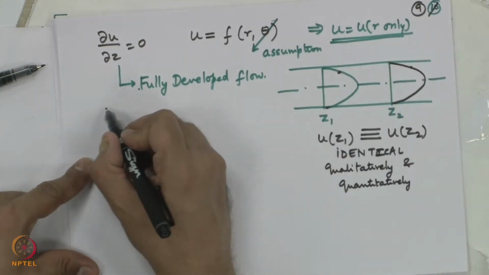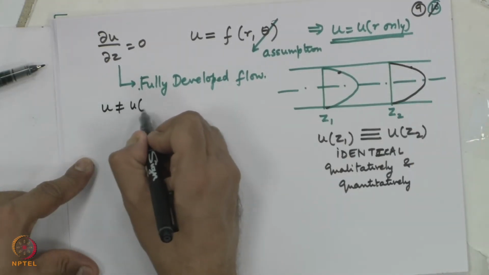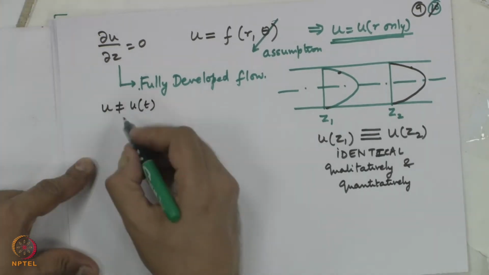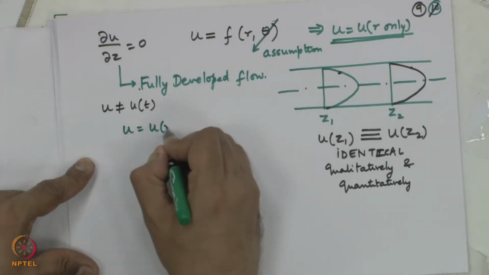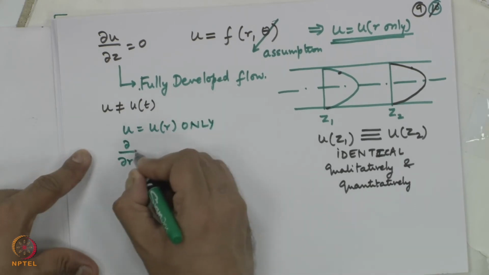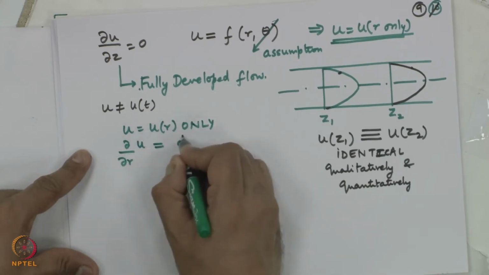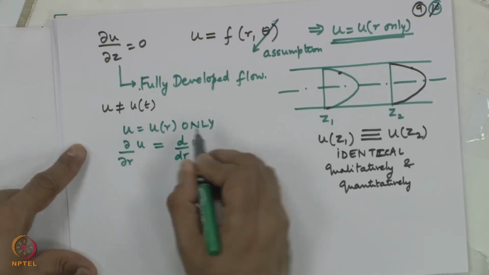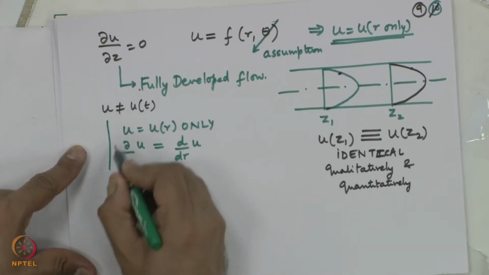We already had said u is not a function of time, therefore, we are left with u is a function of r only. That means d by dr of u is nothing but d by dr of u. What does this mean?